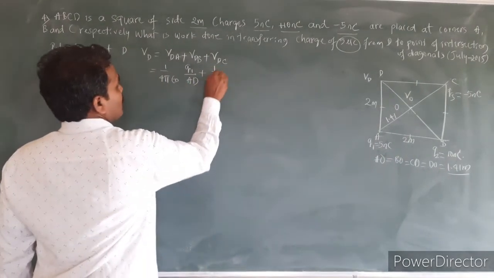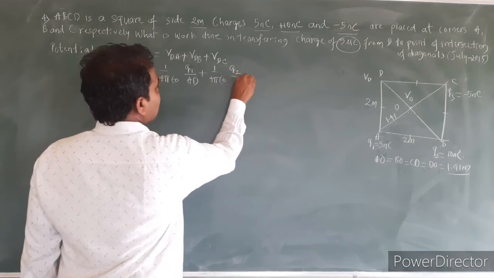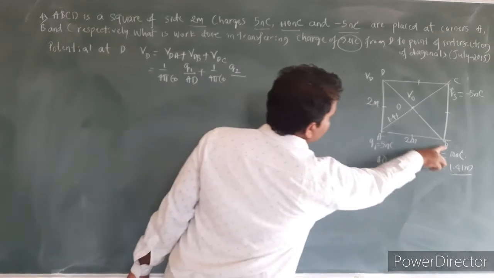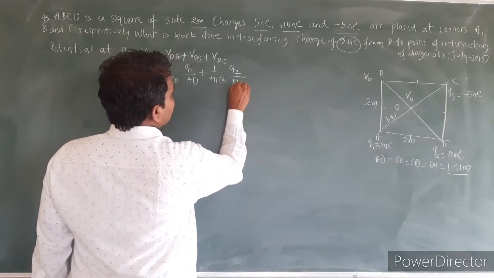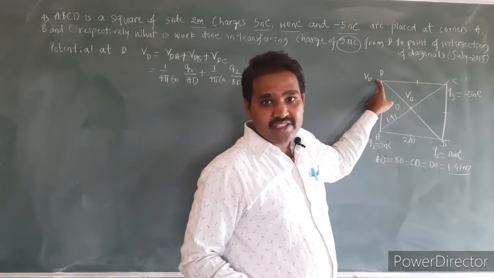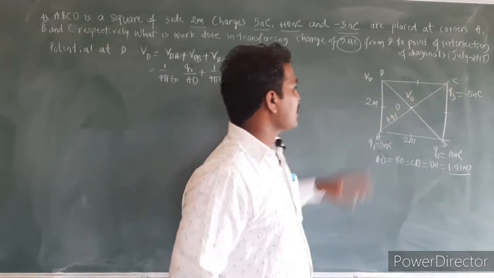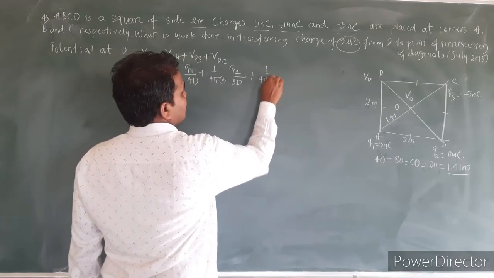I can write it as 1 by 4 pi epsilon naught, Q2 divided by the distance between these two charges, that is BD. Similarly, the equation for VdC is the potential at D because of source charge Q3 at C, that is equal to 1 by 4 pi epsilon naught.